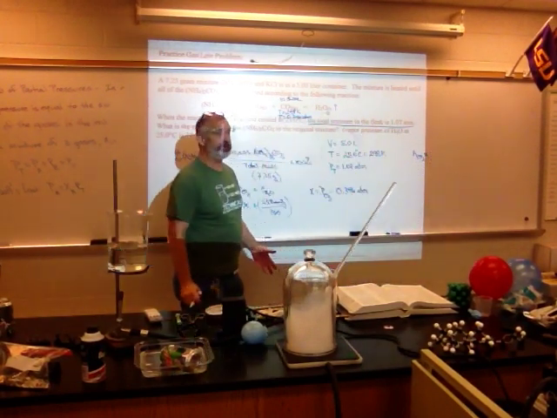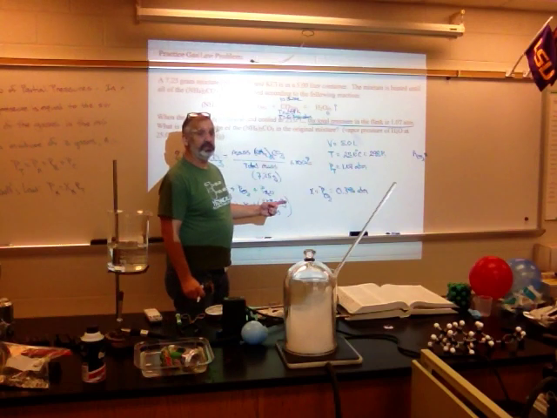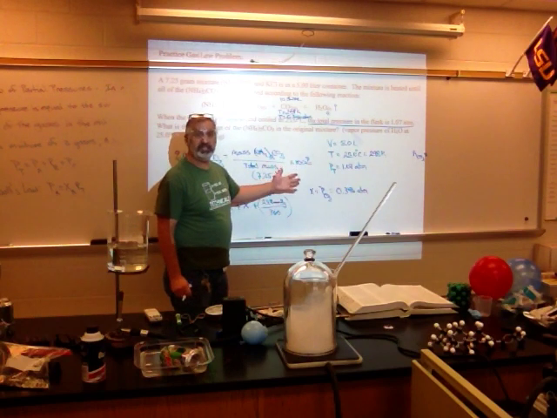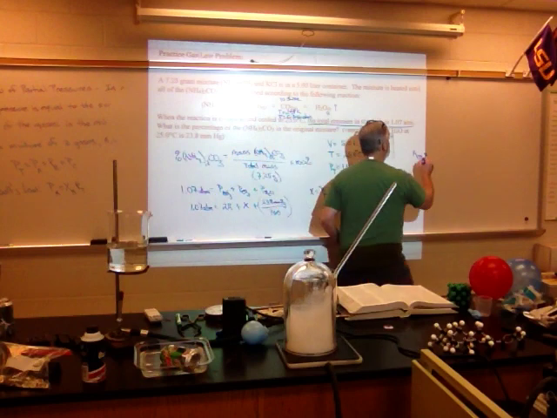What equation are we going to use? We're going to use PV equals nRT, right? And so it's going to be PV over RT.